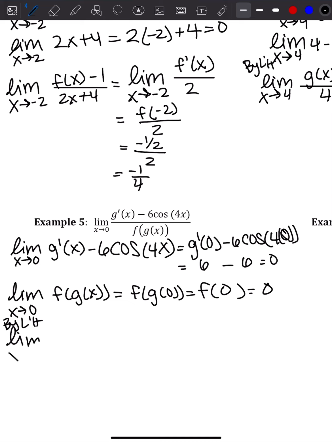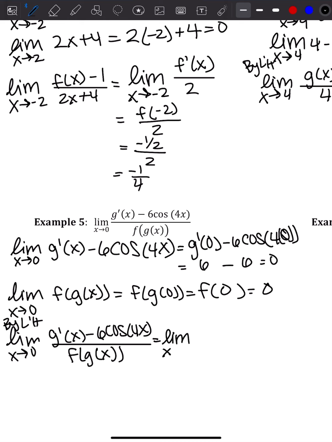the limit as x approaches 0 of our original function, g prime of x minus 6 cosine of 4x divided by f of g of x equals the limit as x approaches 0 of the derivative of g prime, which is g double prime, minus the derivative of cosine, which is negative sine, so we have 6 of them now, so plus 6 times sine of 4x, but we also need to multiply by the 4, so plus 24 sine of 4x.